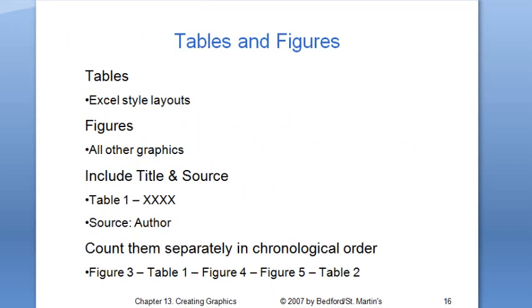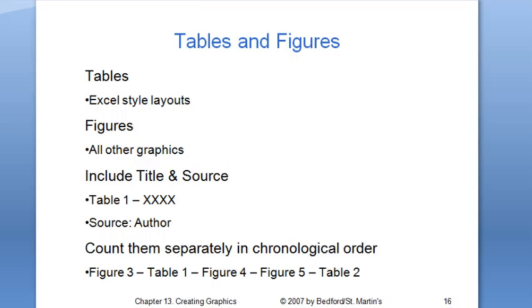So now let's talk about the two ways that you focus on these. One is defining it as a table or as a figure. What's a table? Think of Excel. If it looks like an Excel spreadsheet, it's probably a table, whereas a figure is anything else. Include the title of what it is.